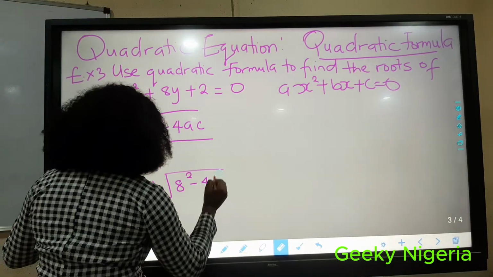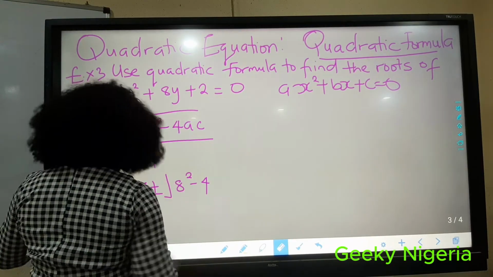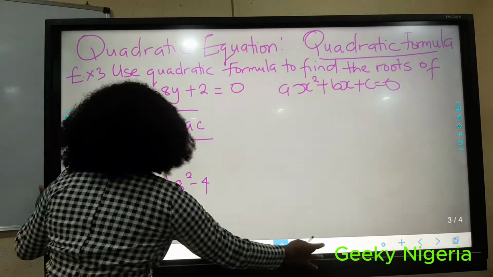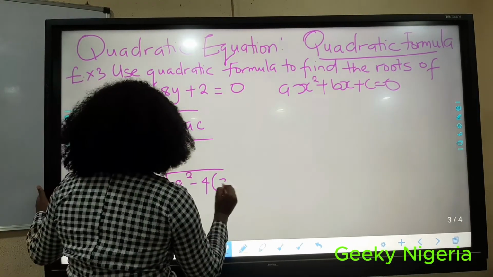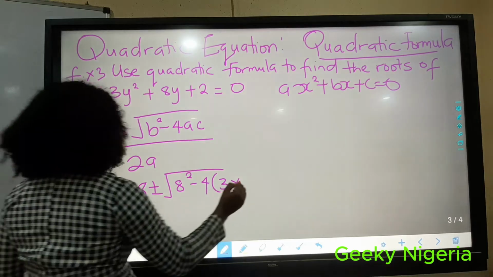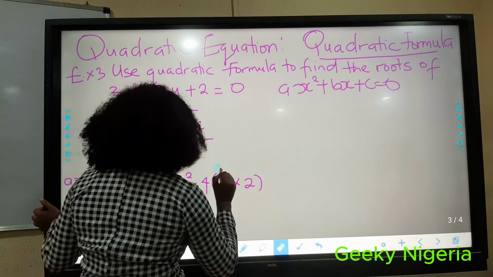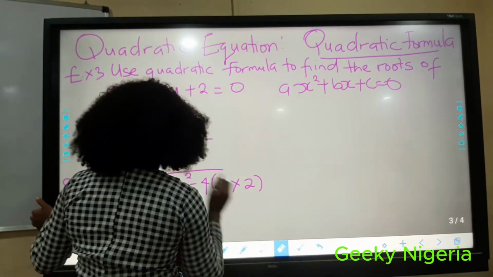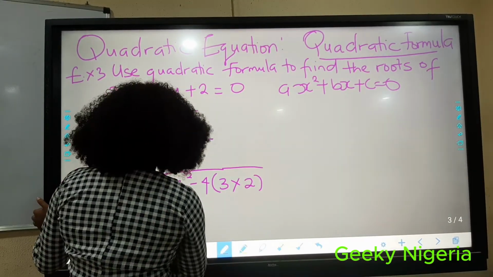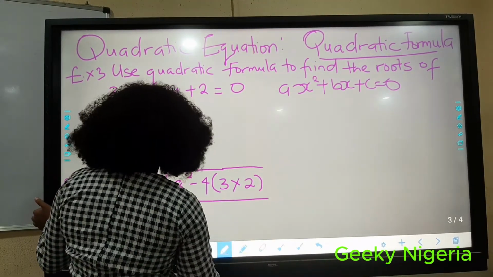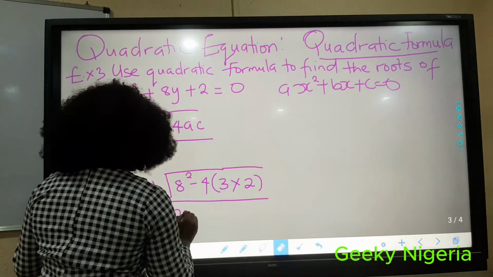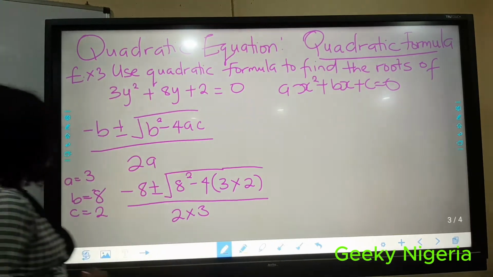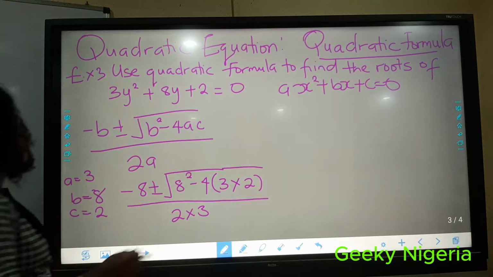Like I said, it's good to always open the brackets, not to confuse yourself. 4 times our a, 3, times c, which is 2. This square root covers everything. All over 2 times our a, which is 3. Right? This is our representation.